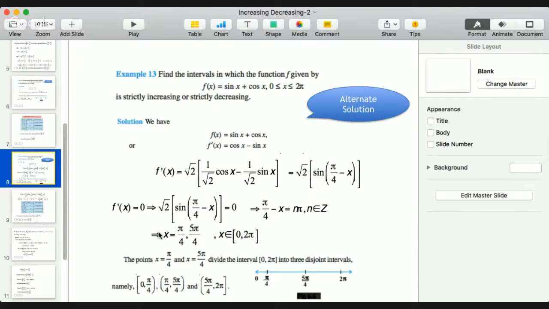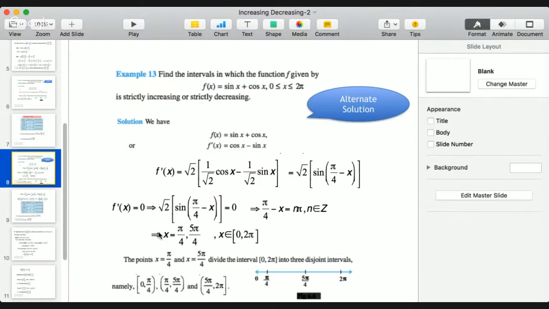We'll equate it to 0 in order to obtain the points. That is root 2 sin(pi by 4 minus x) equals 0. Using the general solution of sine, we get x as pi by 4 and 5 pi by 4.